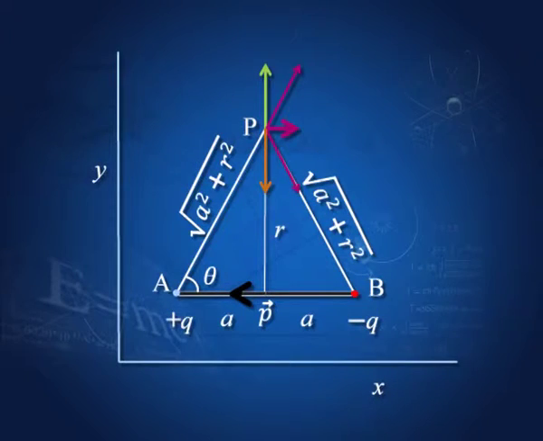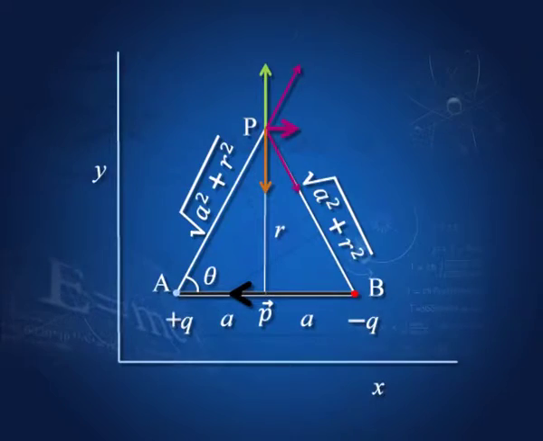The field due to this charge plus q is in this direction, and the field due to this negative charge is in this direction. If you break this into components, what is left is the component shown here, parallel to the axis of the dipole, in fact anti-parallel.